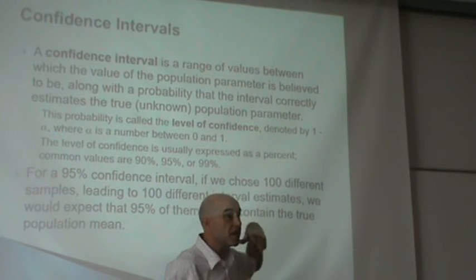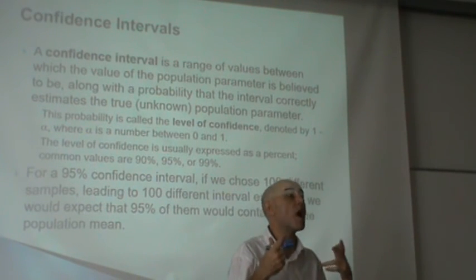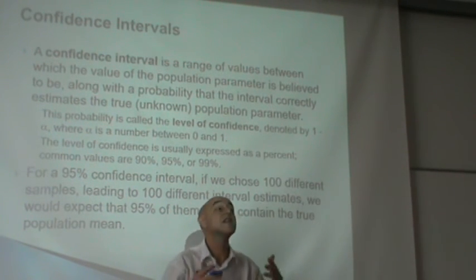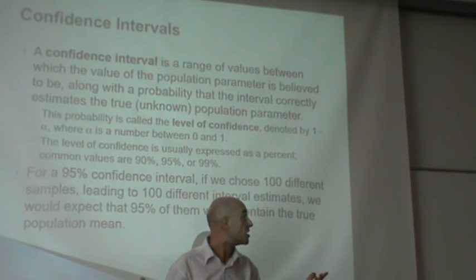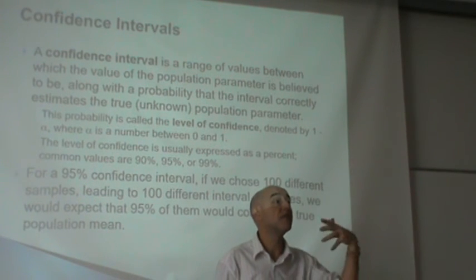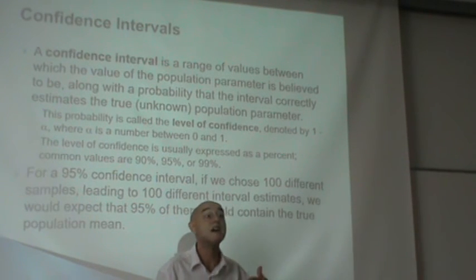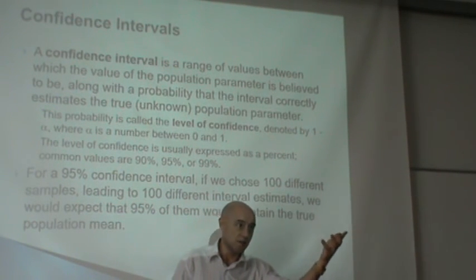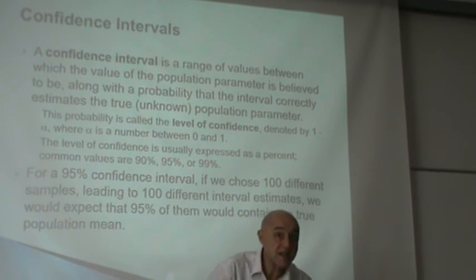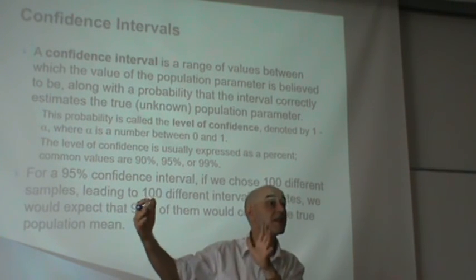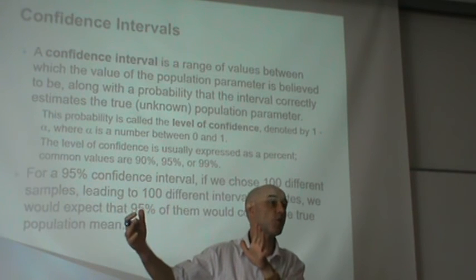Alpha is the probability that you make a mistake. So if you have alpha of 5%, this means the chance that you made a mistake is 5%, and the chance, of course, is 95% that you were right.